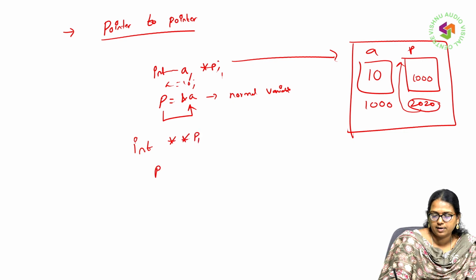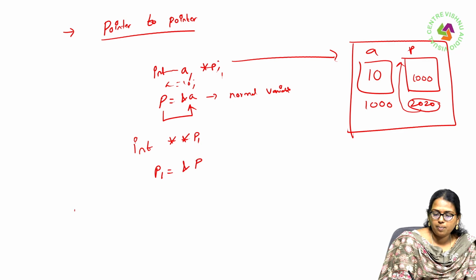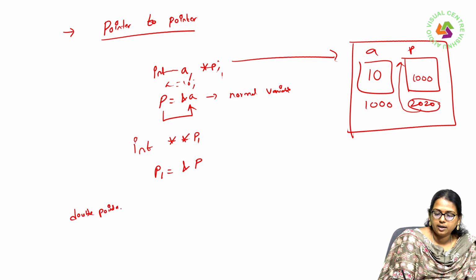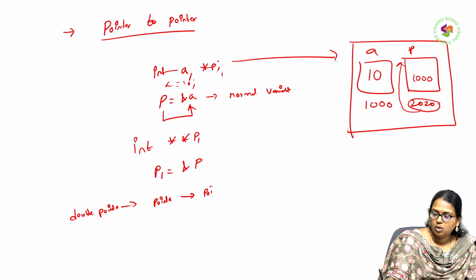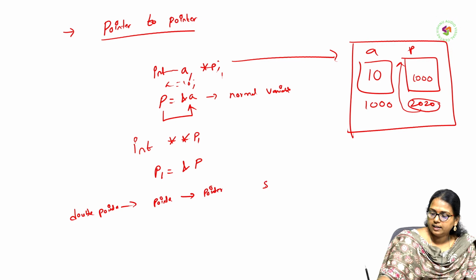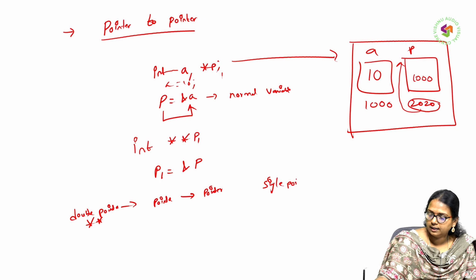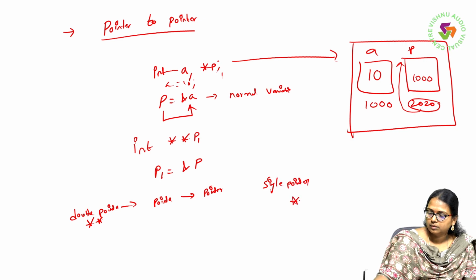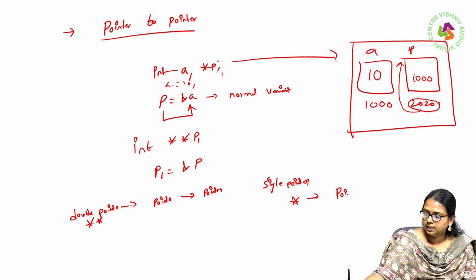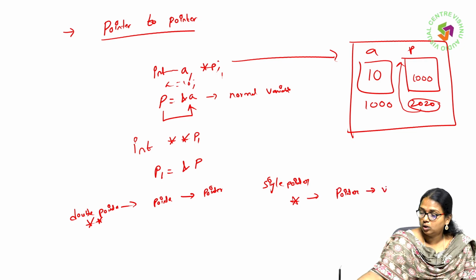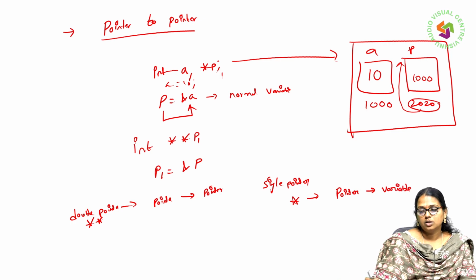Now I can assign P1 is equal to address of P, because a double pointer, or pointer to pointer, means a pointer pointing to one more pointer. If it is a single pointer, it is a pointer pointing to a variable.